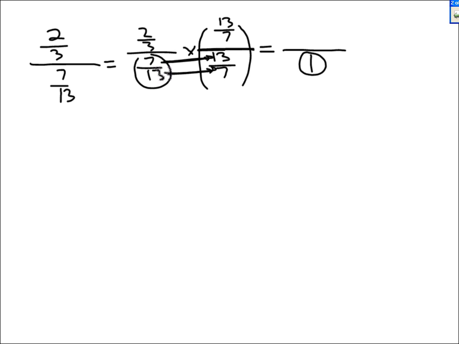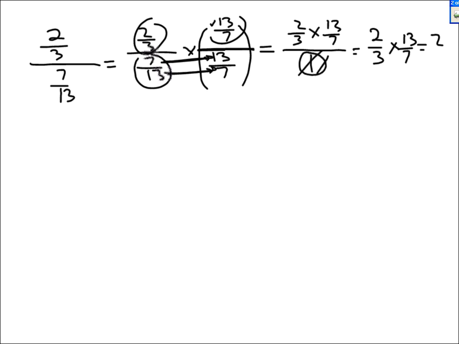So the numerator is going to be 2/3 times 13 over 7, divided by 1. Oh, I'm an expert in dividing by 1. Don't do it. You get 2/3 times 13 over 7. That happens to be 26 over 21. But I'm more concerned with that result for right now.